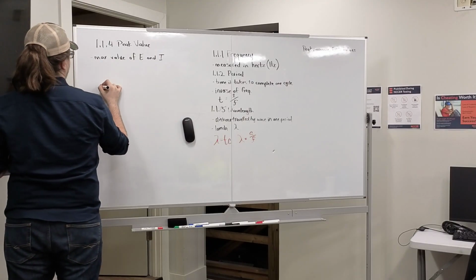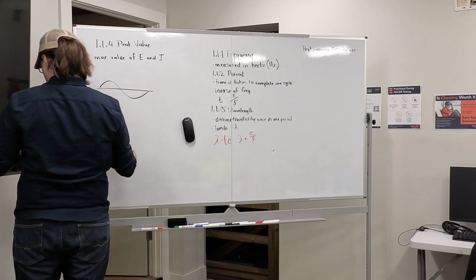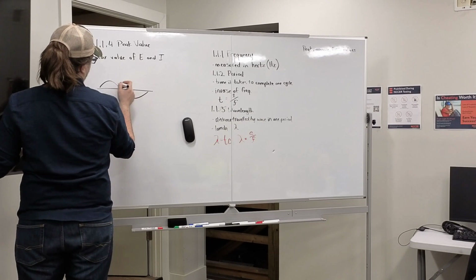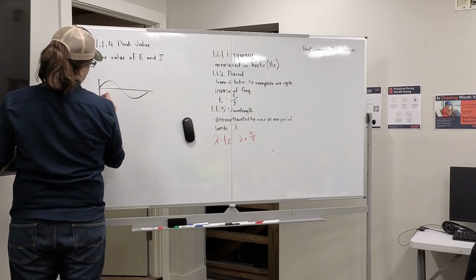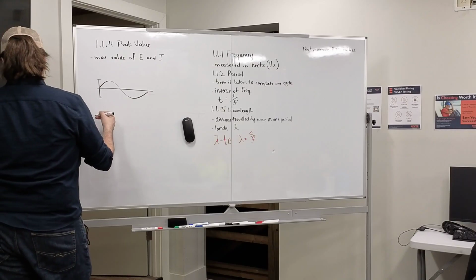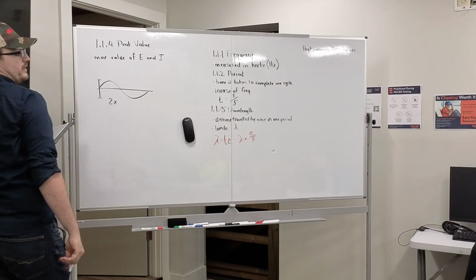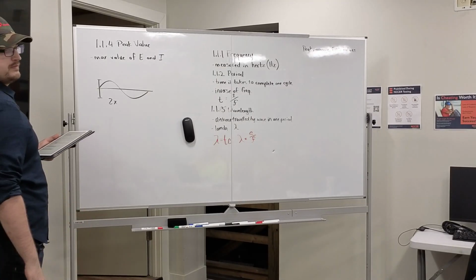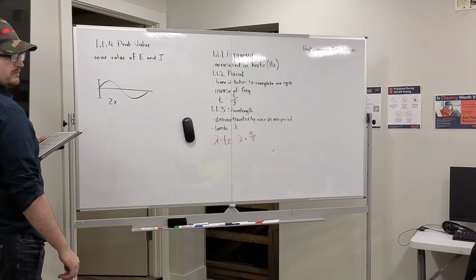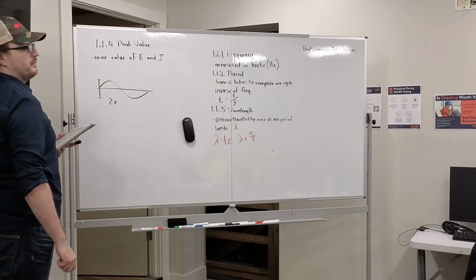So the peak to peak, meaning from here to here, is going to be 2 times the peak. Because they're both the same.